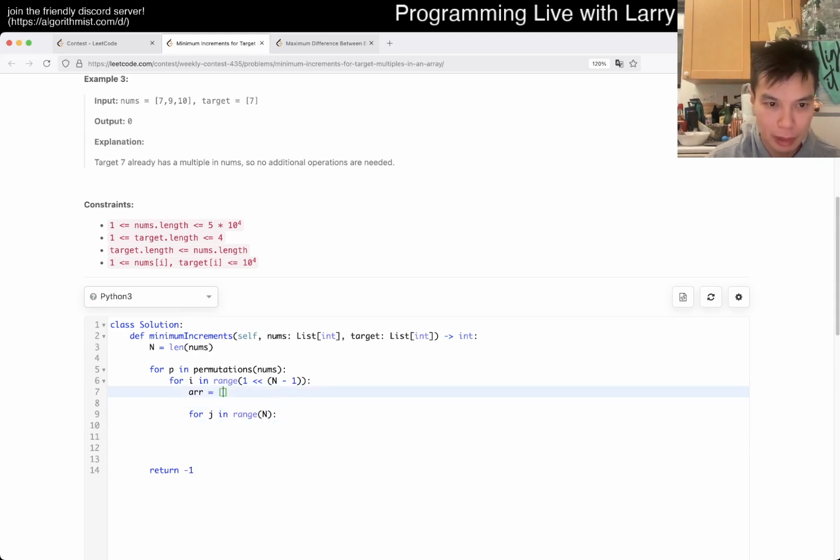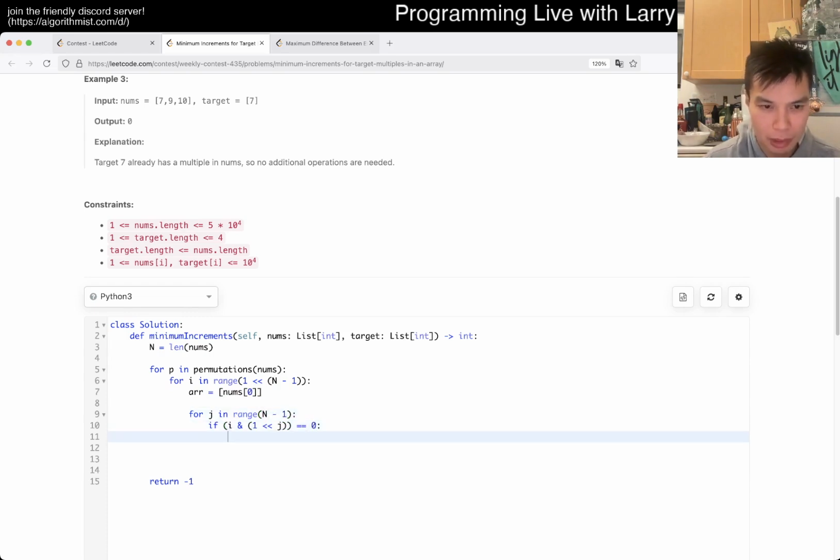It should be num sub 0, and then if I and 1, no, this is I minus... yeah, okay, this way. This is 0 to 0. It doesn't matter which way it goes.